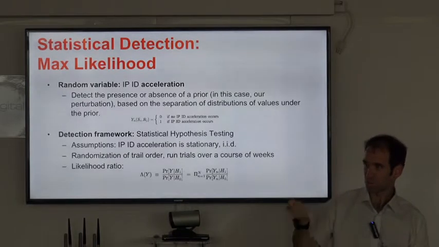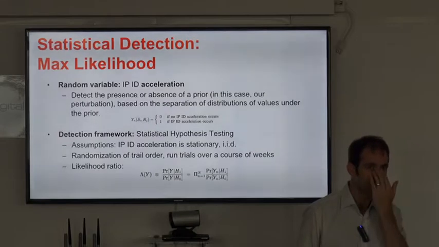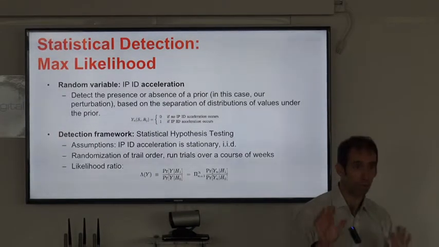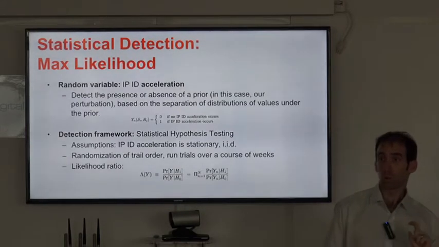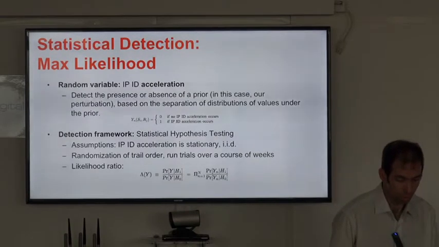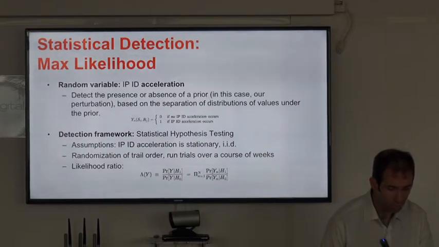Did we inject those spoof SYNs or did we not? We measure the IPID acceleration over time, and we try to figure out whether that acceleration is due to our perturbation, or is it just no effect? So that's the basic technique that we use.